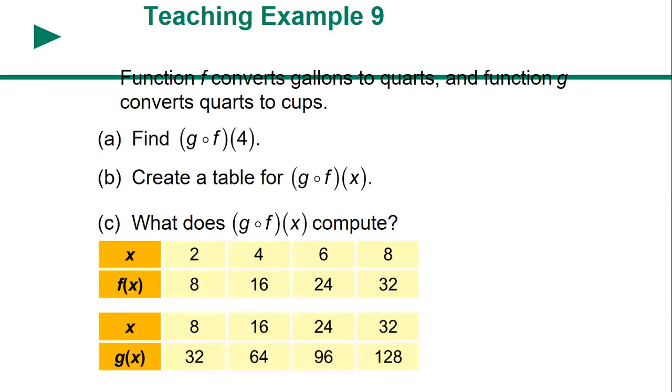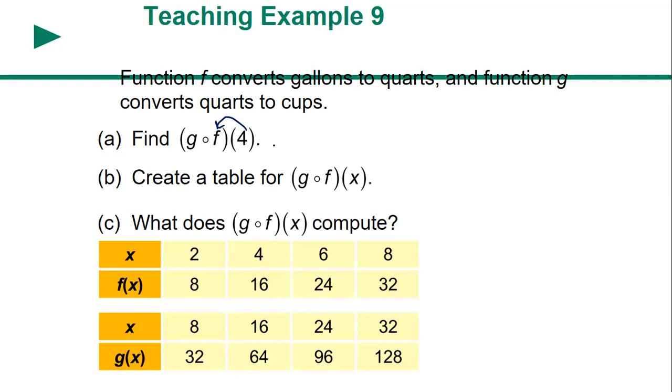Okay, so with that in mind, we have a table here. And it says how to convert gallons to quarts, and quarts to cups. So if I have 4, that's going to give me 16.